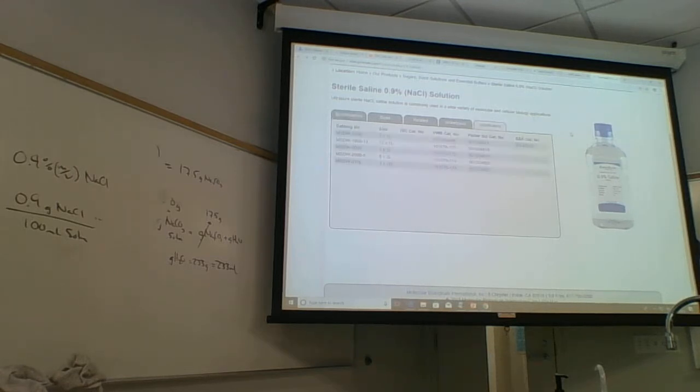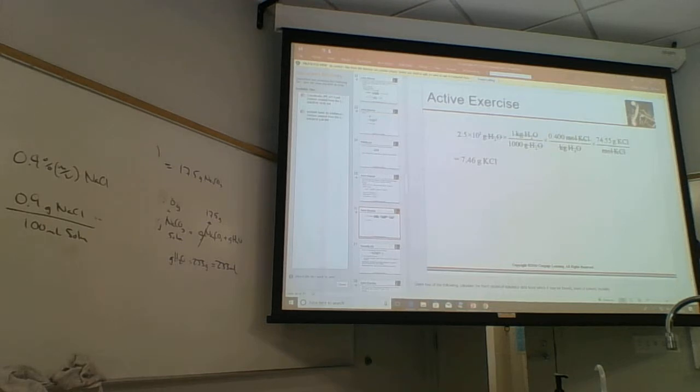And so this is where you get a weird percentage unit. Most of the percentages that we deal with would be grams over grams, 0.9 grams over 100 grams. This one's just odd. Is there a certain percentage of NaCl that you can dissolve in water where the water will be completely saturated and it won't dissolve anymore?